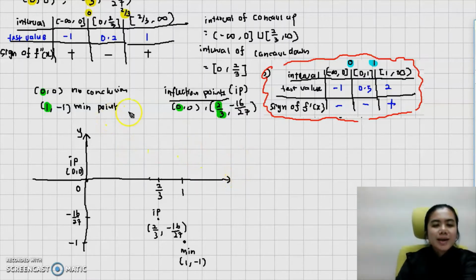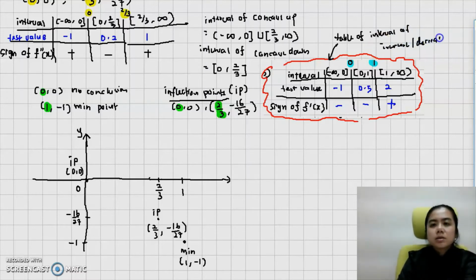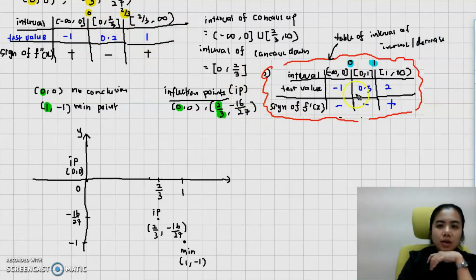Then we're going to look at the table of concavity and the table of increasing and decreasing. This is the interval of increase and decrease, and this is the concavity table. Let's look at this one first.